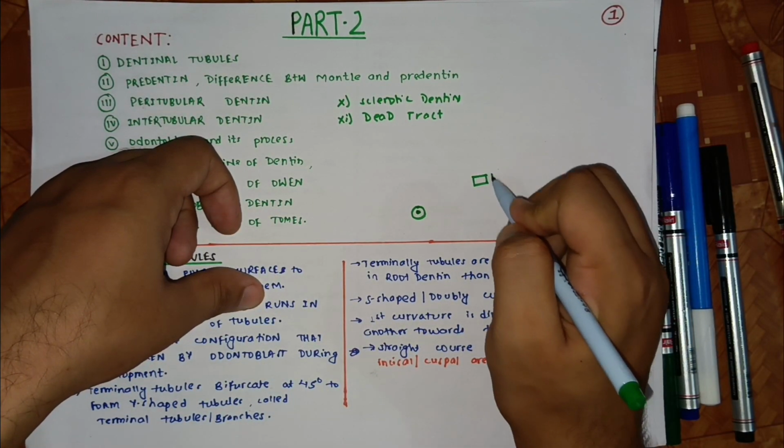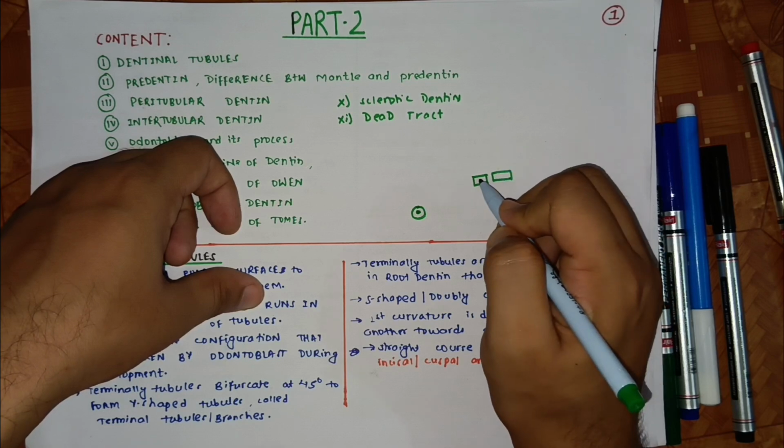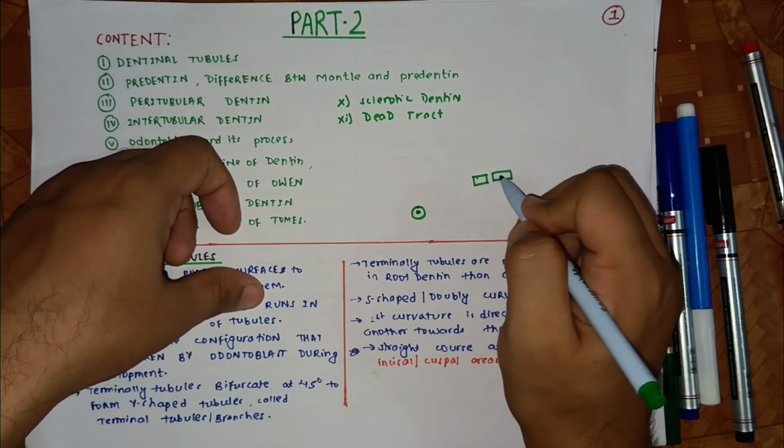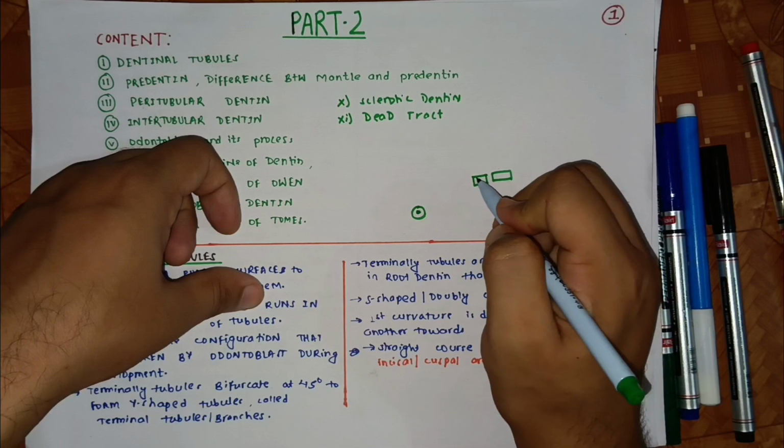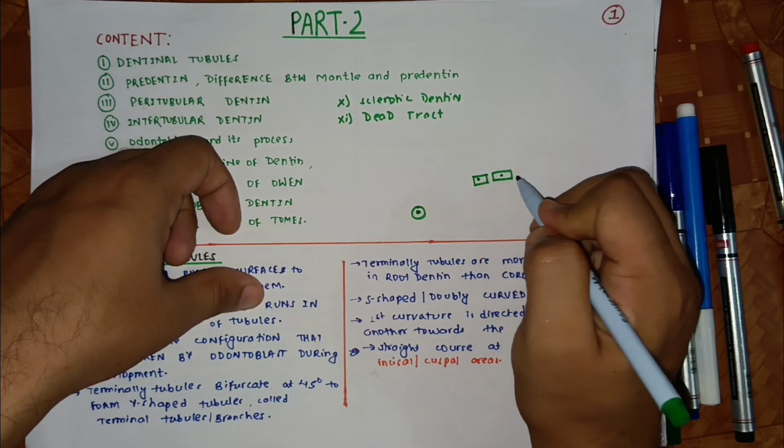Just think this is an ameloblast, which gives the enamel, and this is an odontoblast, which gives the dentin.